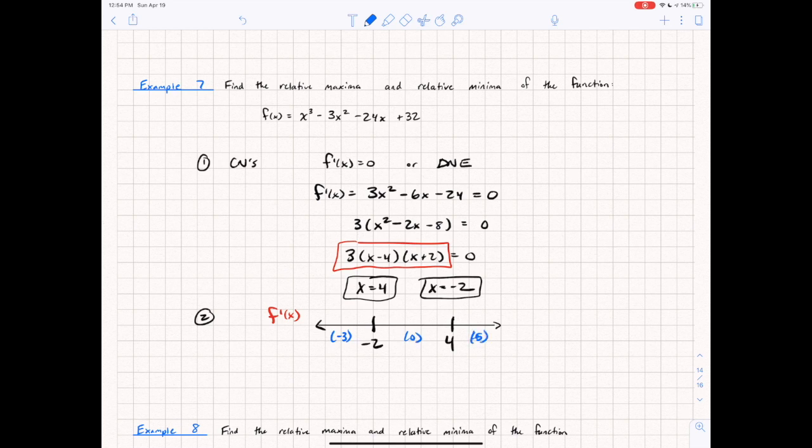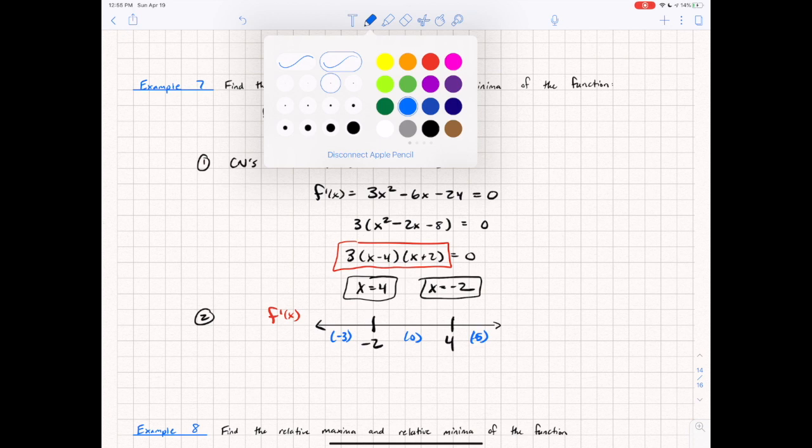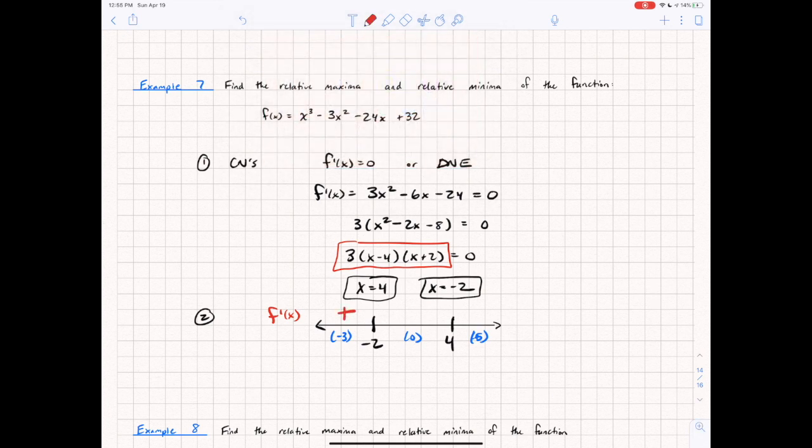And again, I'm just checking for signs. And so if we plug in negative 3 into each factor pair here, this would give me a positive times a negative times a negative. So this result overall is positive. If I plug in 0, this will give me a negative. If I plug in 5, this would give me a positive. I'll leave that as an exercise for you to go through and double check.